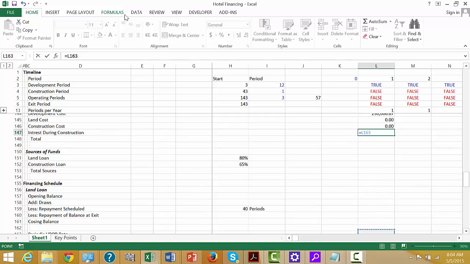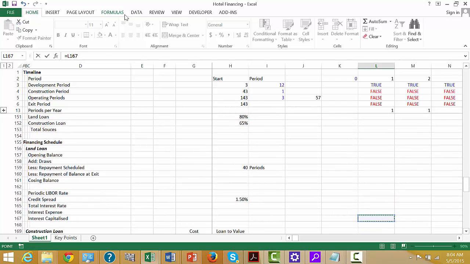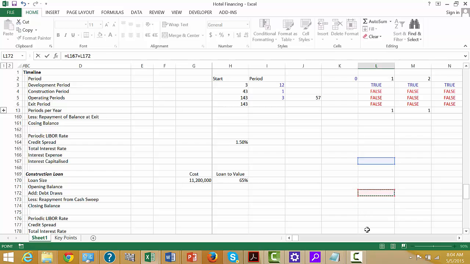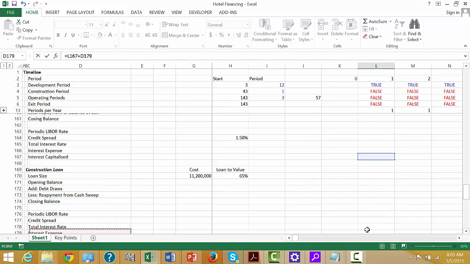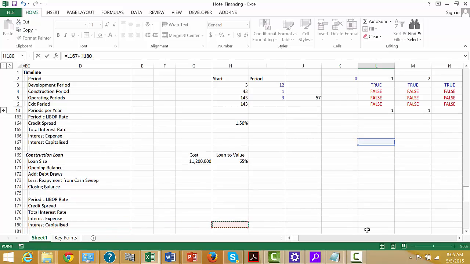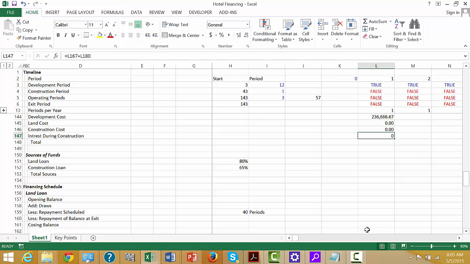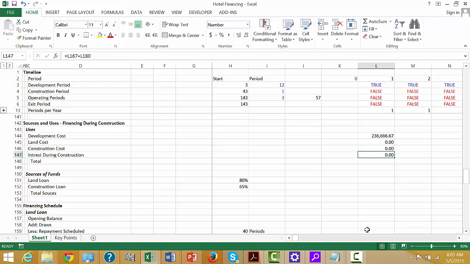It could even lead to a circular reference, but let's take these two and then get our interest capitalized down here. Okay, Shift Control 1, and then alternate equal to sum these.